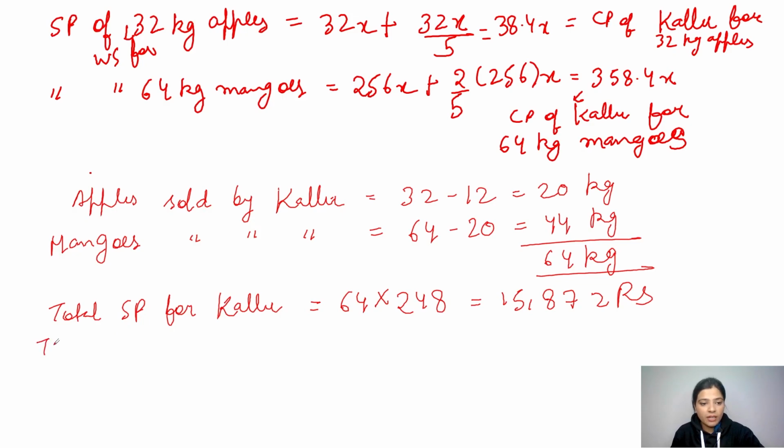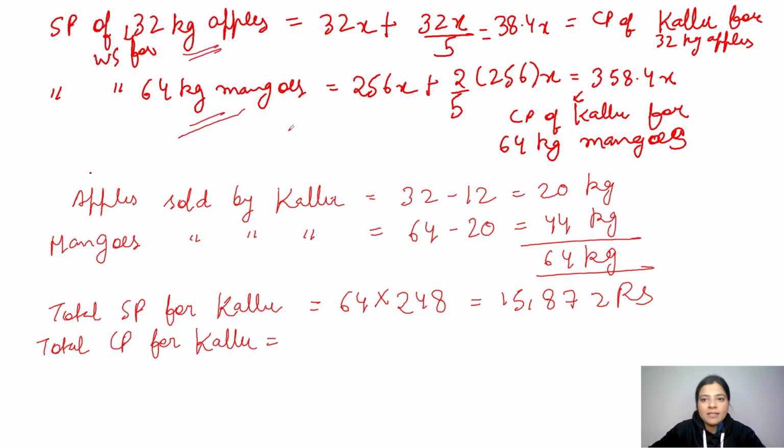Now let's try to write down what is total CP for Kalu. So you know that he purchased all the 32 plus 64 kg of apples and mangoes, but he was not able to return it. Rather, he had to discard them. So he had paid the price for the complete thing. So in the CP, we'll consider 32 kg apples and 64 kg mangoes only.